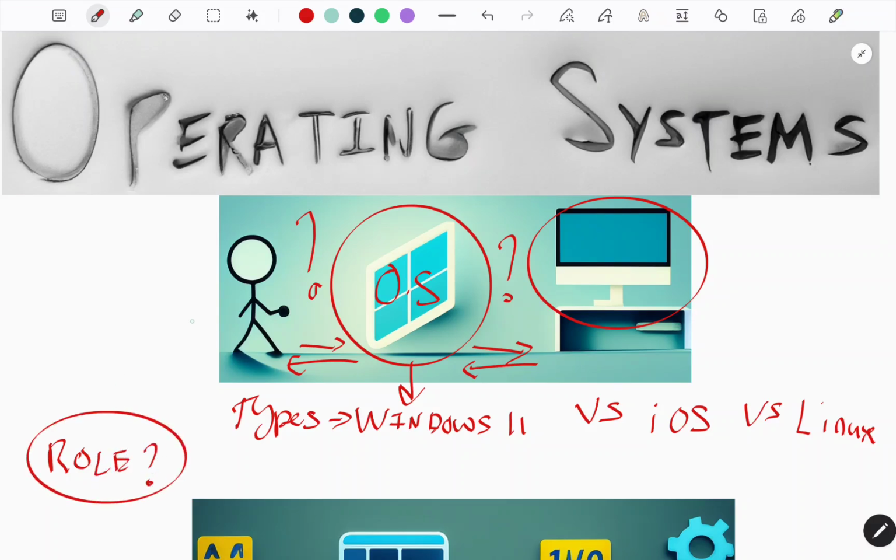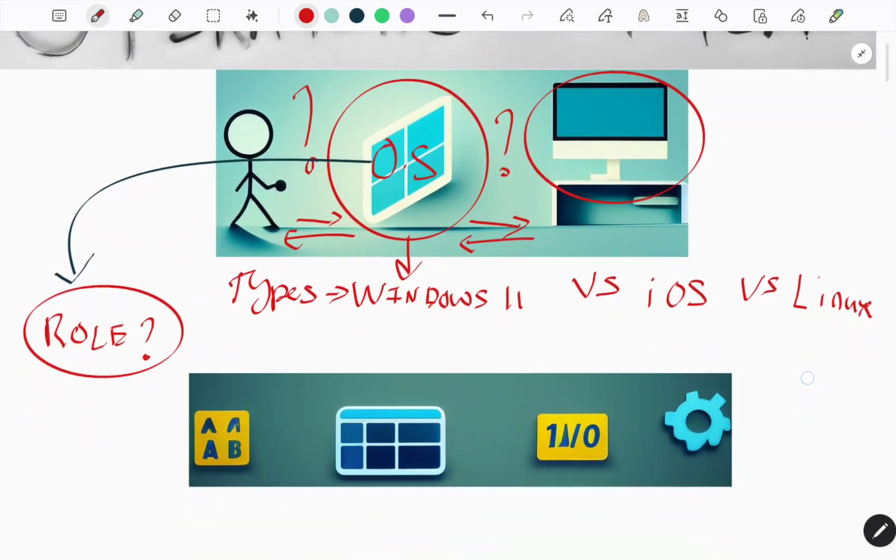What is the role of this OS? So come down over here, we can see this is the first row. Of course, all of this is inside the certificate already, all right? Don't worry, it's inside the slide also, which I generated.